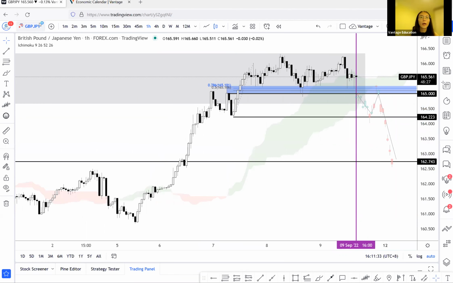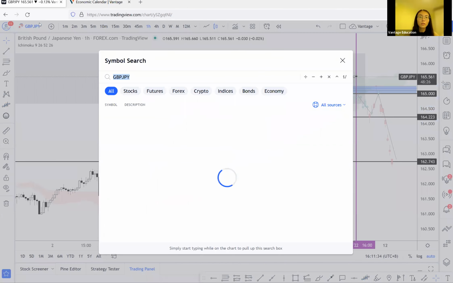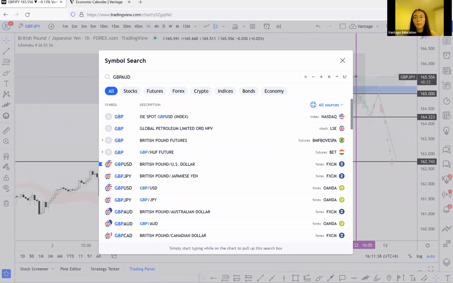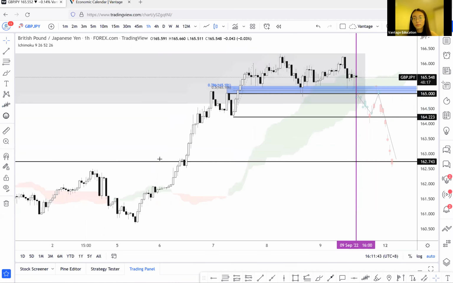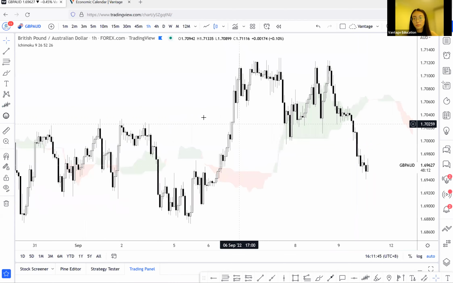Let's take a look at the other setup that we have, right? So the other setup is on pound Aussie. So let's give it a while to load. I think this is slightly slower.